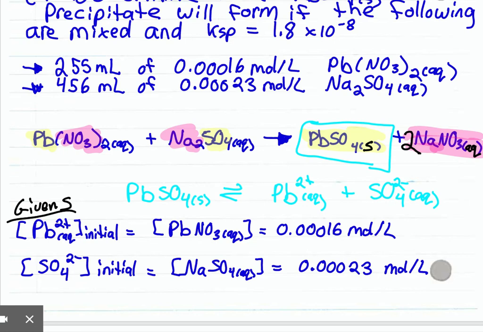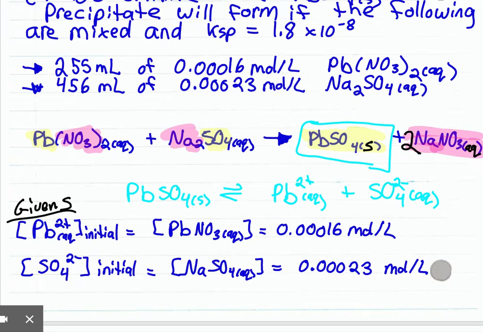Now, again, that's because when a sodium sulfate dissociates, every 1 sodium sulfate releases 1 sulfate ion. If we were after a sodium ion concentration here, we would have to multiply it by 2 because the sodium sulfate releases 2 sodium ions.